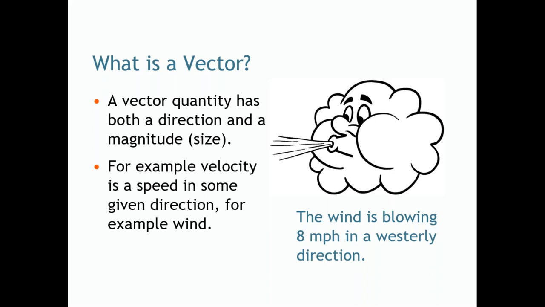Let's say, for example, the wind is blowing at 8 meters per hour in a westerly direction. So these are examples of vector quantities.